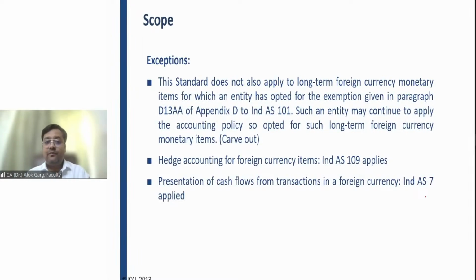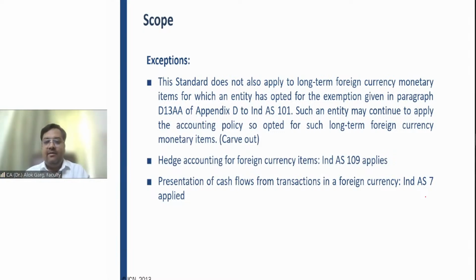Now, what is not covered in Ind AS 21? So friends, in our accounting standards, we have AS 11. Are you able to remember AS 11, the effect of changes in foreign exchange rates?